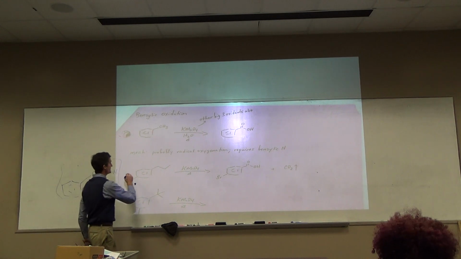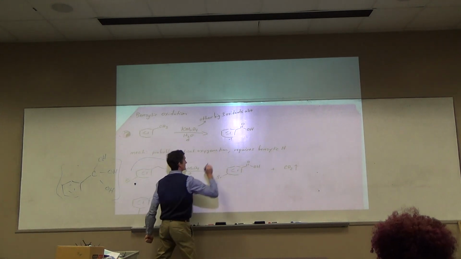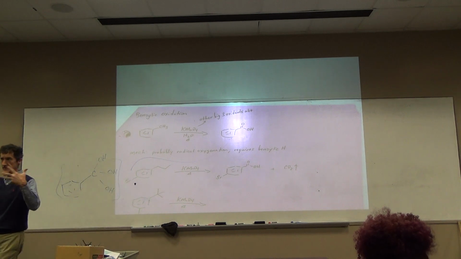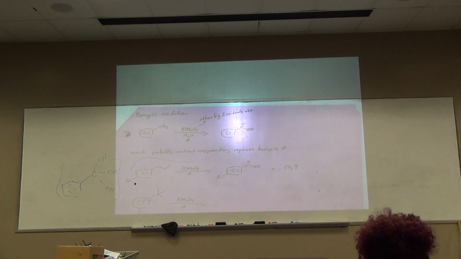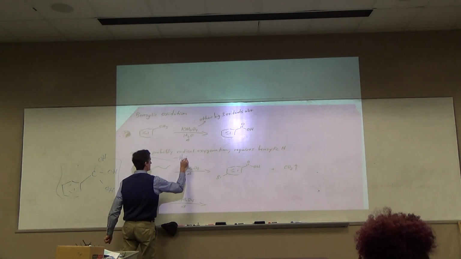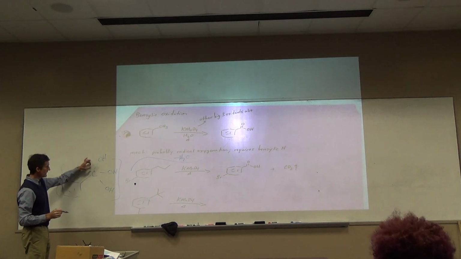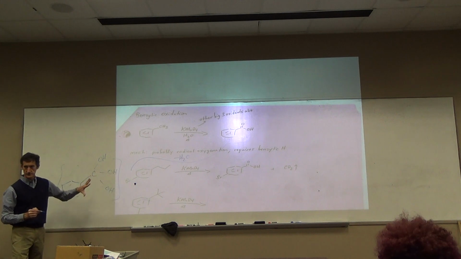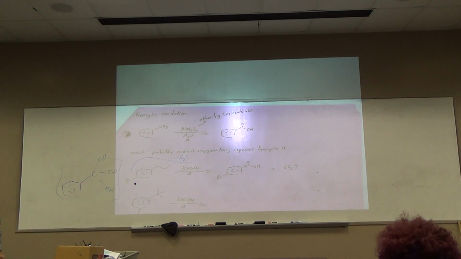And then what does this have to lose to get the final product? What compound does that have to lose? Water. Yes, this just loses water, and you end up with a double bond O and OH. So it's probably a full radical oxygenation, and then it just loses water. And that's all the mechanism I'm going to give you. It's a common transformation, oxidizing it.